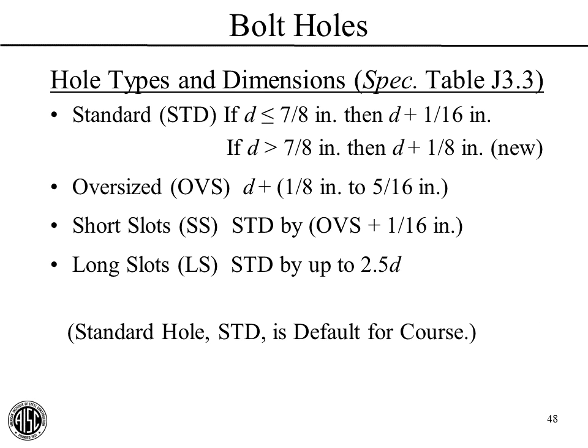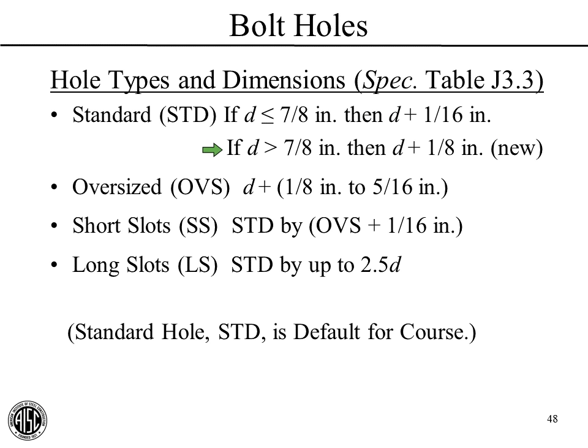Okay, bolt hole types. There are 4 kinds of these in the AISC specification and manual. First, we have standard holes, and by the way, we go to the spec table J3.3 for these. For standard holes, if the diameter of the bolt is not exceeding 7/8 of an inch, then the standard hole diameter is the bolt diameter plus 1/16 of an inch.